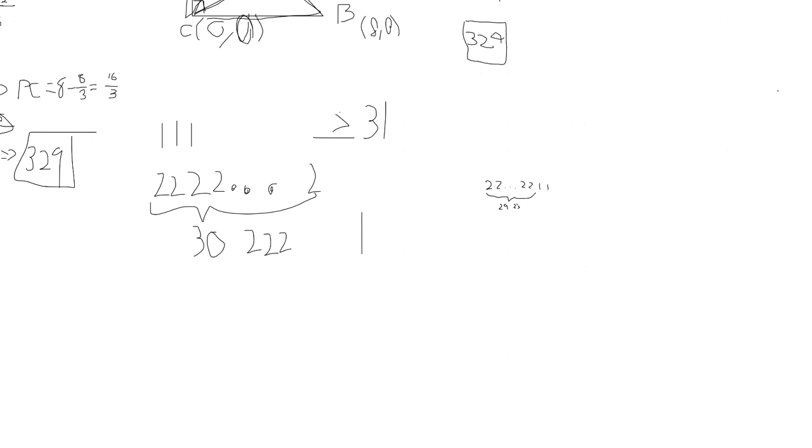I mean, this doesn't work, but with 3 2s and 2 1s, you can always just take 1 1 and 6 2s and it'll work. So the answer is just 31.